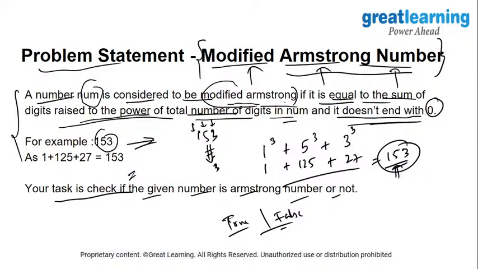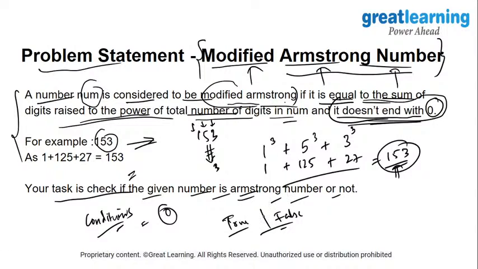And therein we have a constraint. Constraint means conditions. There has been one condition given to us, that this number should not end with 0. So we have to just check if the number is Armstrong or not.